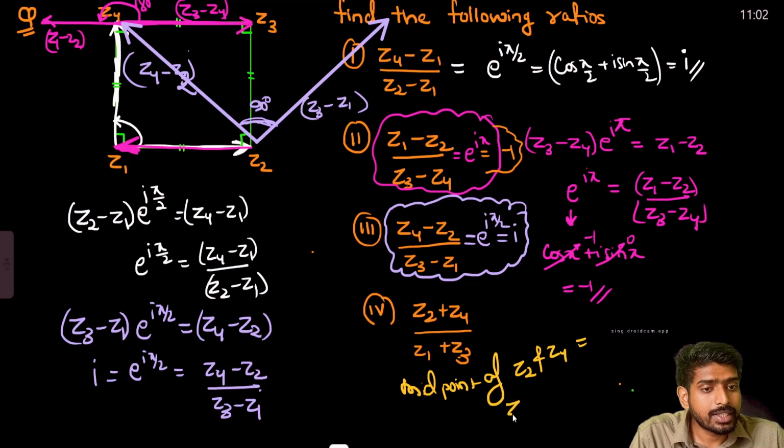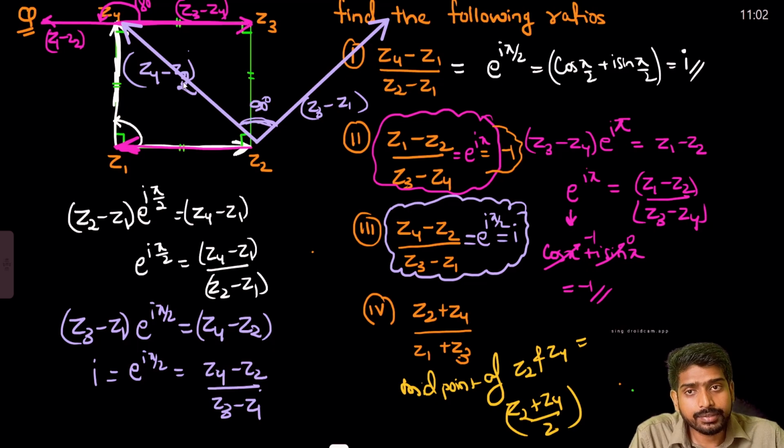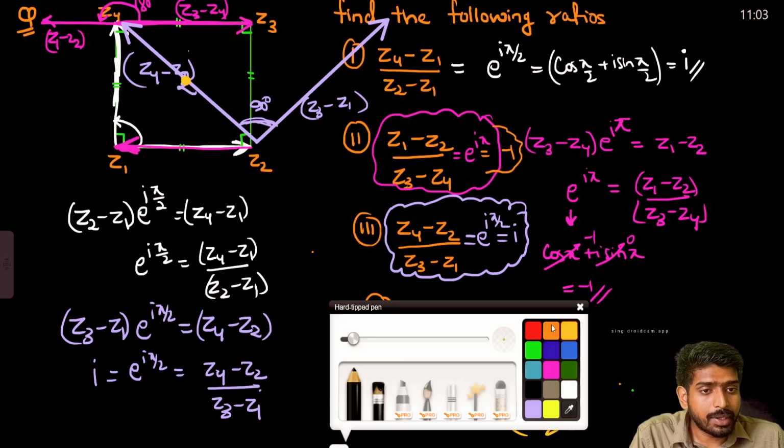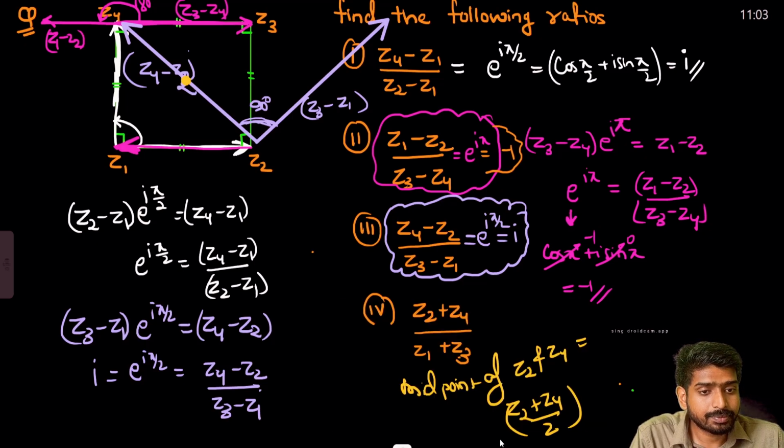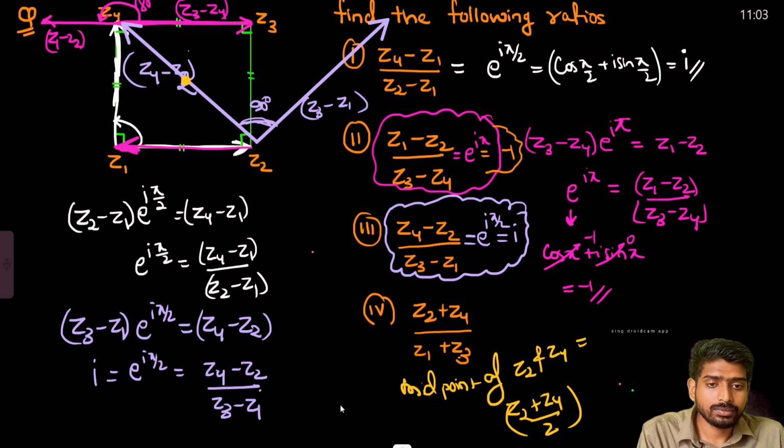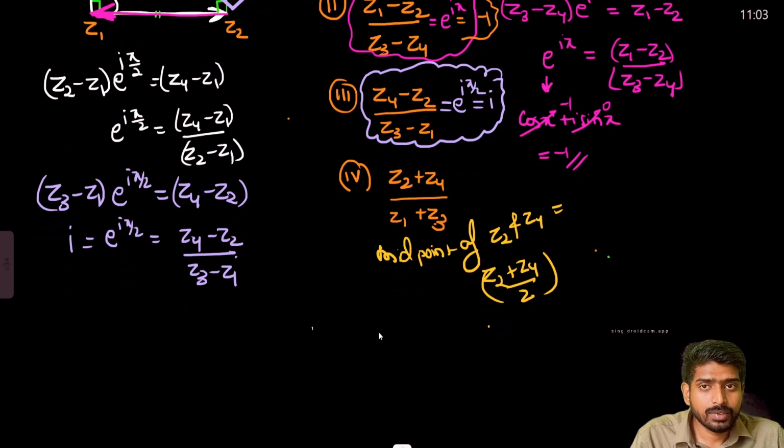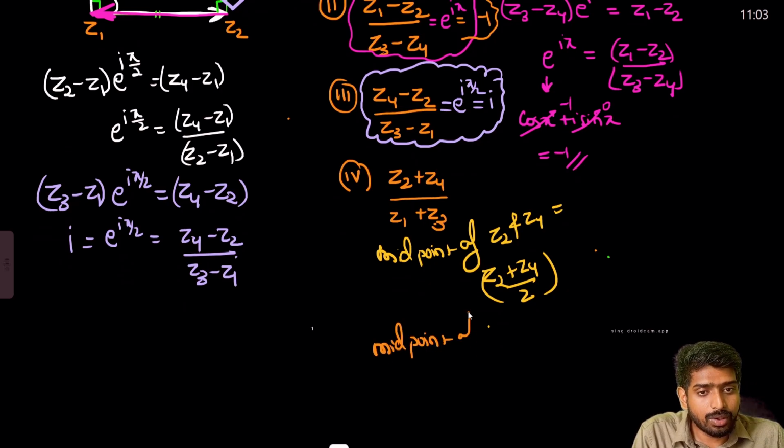It is z2 plus z4 by 2. So here somewhere I'll get the midpoint. And what is the midpoint of z3 and z1? The midpoint of z3 and z1 will be z1 plus z3 upon 2, right?